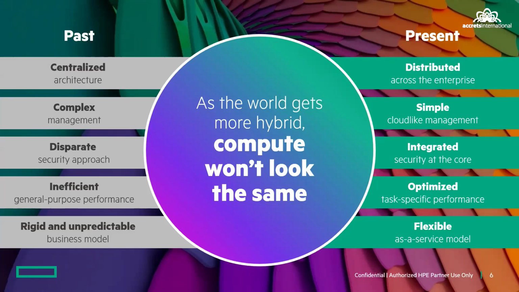We also integrate security at the core. That means when the server is being manufactured at the factory, all this security is built within the hardware. Then it optimizes task performance as well as being flexible. We actually have an as-a-service model also, which we call the GreenLake Cloud Platform.